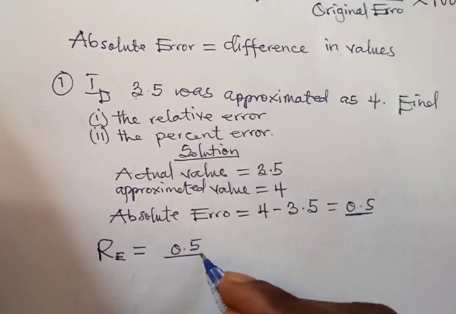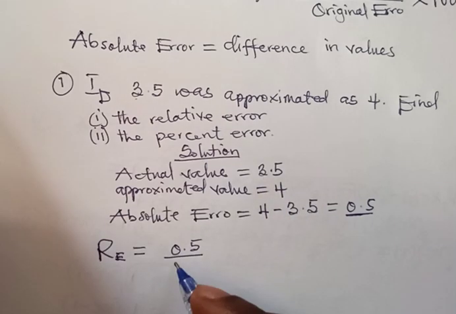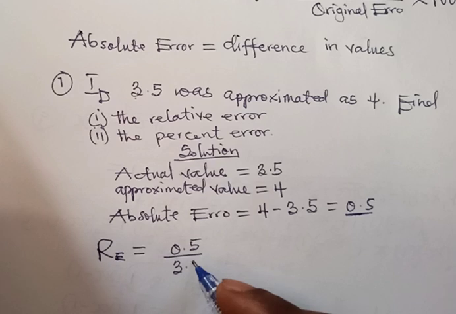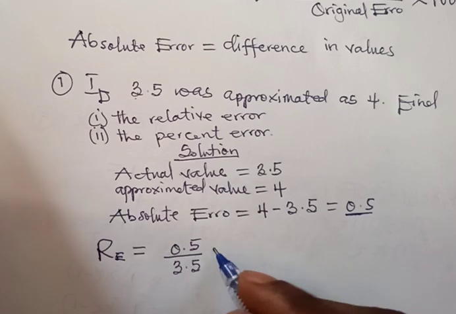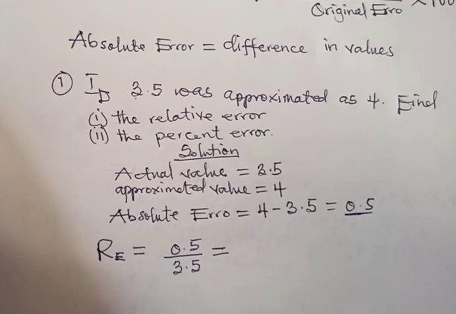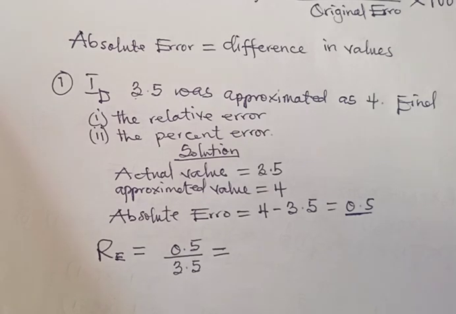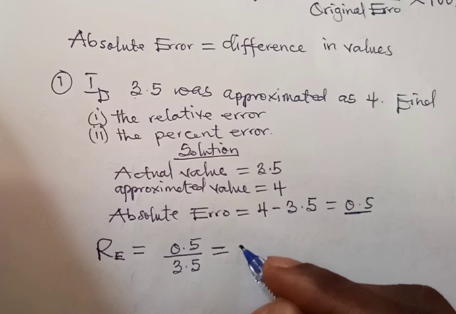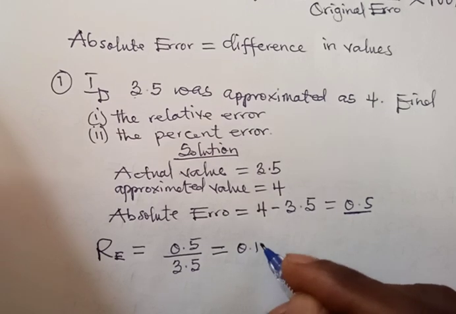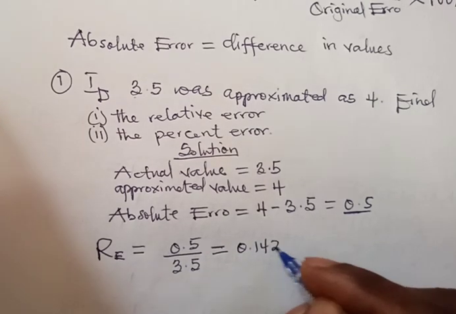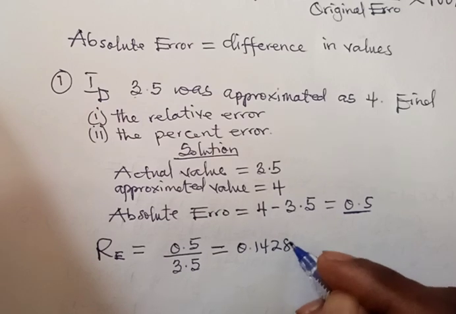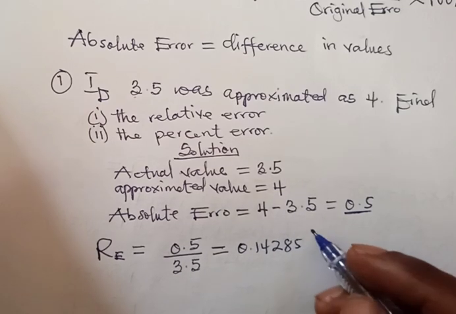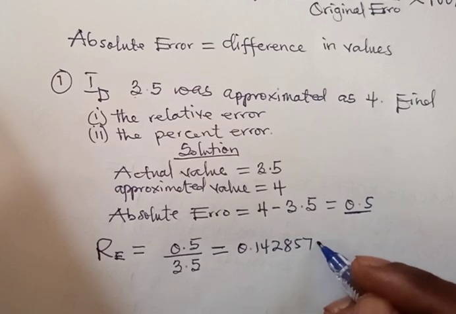And what is our actual or original value? That is 3.5. Great. So you find the value for this. Good. So this one we are getting 0.142857.